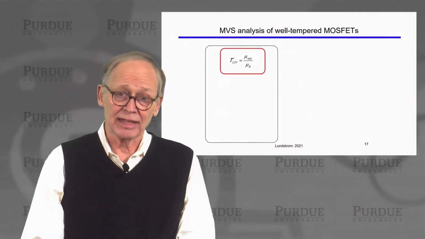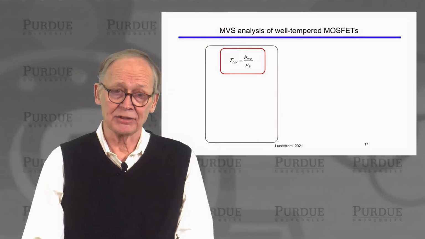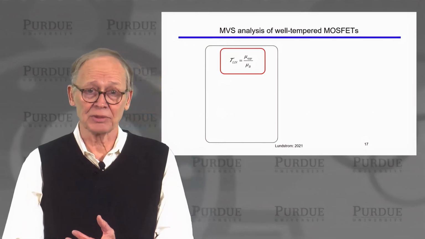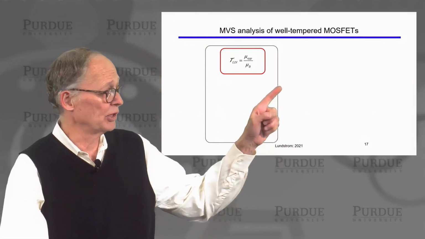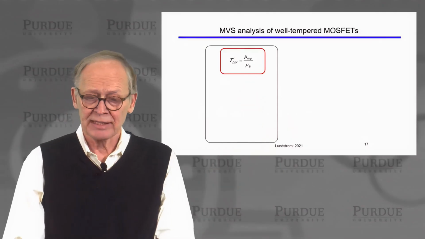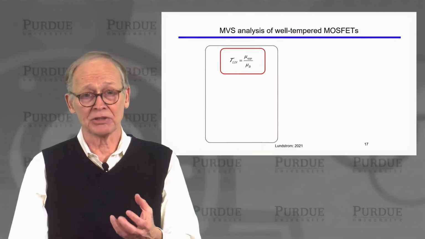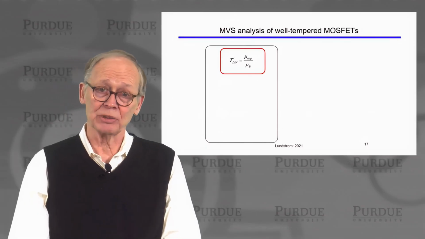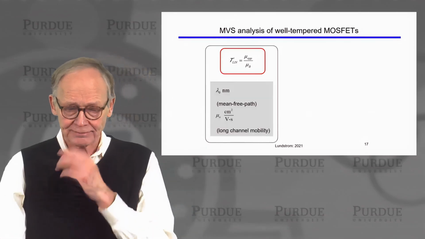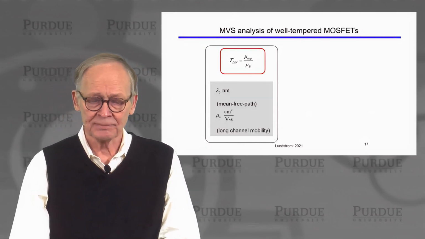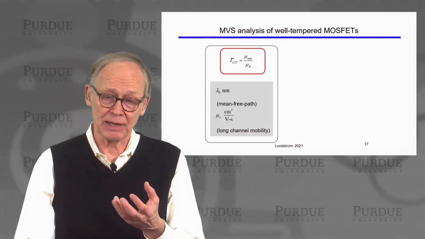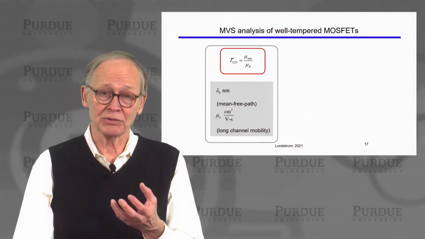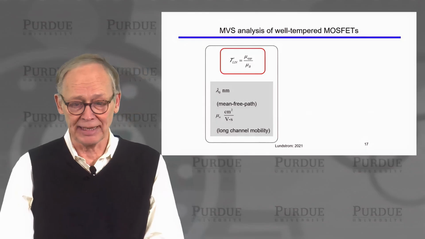We discussed very briefly how we might analyze measured data and extract some physical parameters like the transmission. It's easy to show that the transmission is just the measured apparent mobility, which we extract from the data, divided by the ballistic mobility, which we can compute. By doing that analysis, we can extract the transmission. Knowing the transmission, we can extract the mean free path.